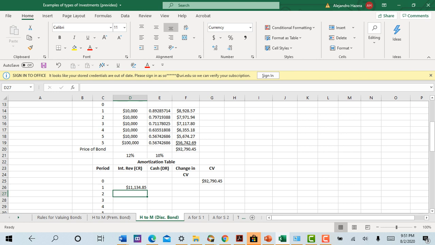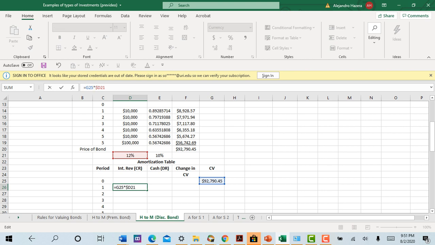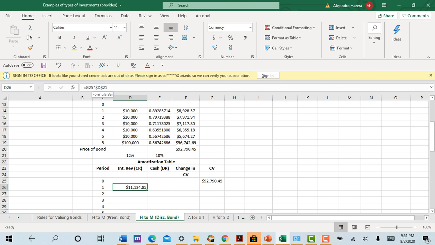And we're going to be copying down again, and the number I'm going to want to freeze is 12%, because every one of the interest revenue numbers is going to be the previous year's carrying value times 12%.